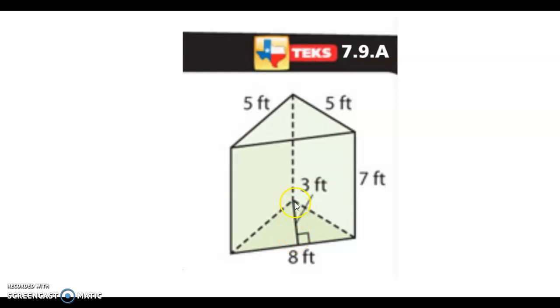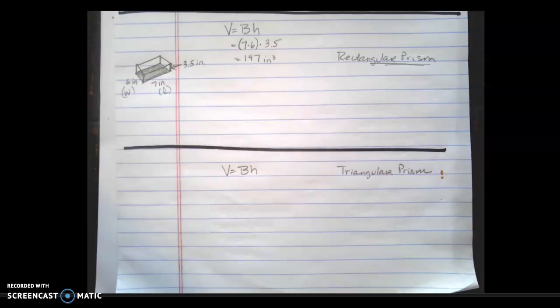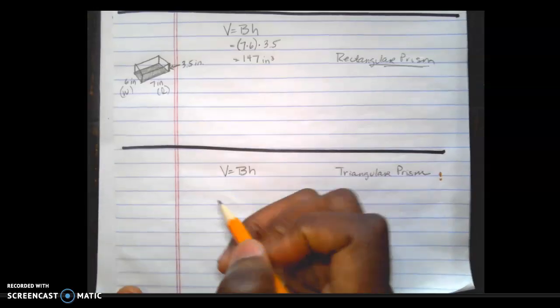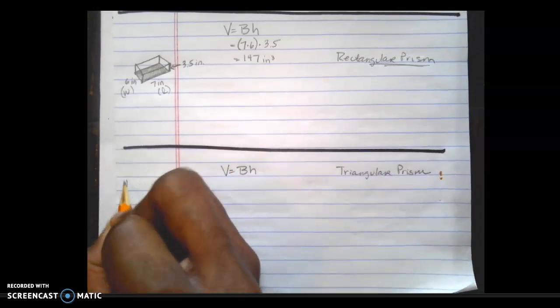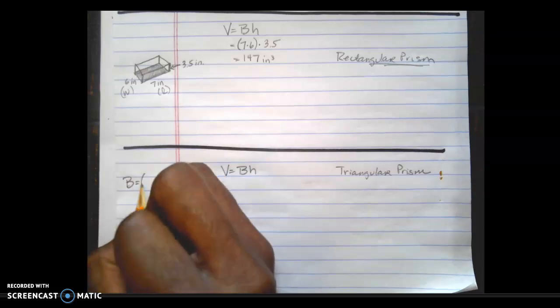So the height of this triangle is going to be 3. That's where this line is pointing. And the base of this triangle, that little b, is going to be 8. Okay, so let's see what that looks like. If we go back to our drawings page, we know that the base, big B, was a triangle.